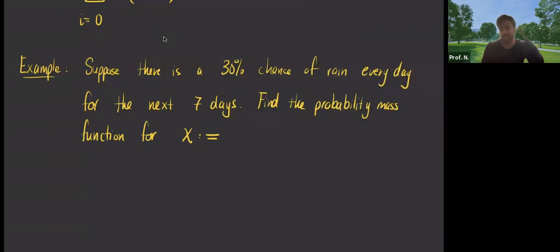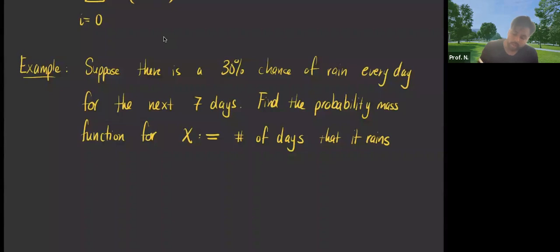We can say the success being that it rains or that it doesn't rain. So that's up to you. So we can say x will be the number of days that it rains within a week.